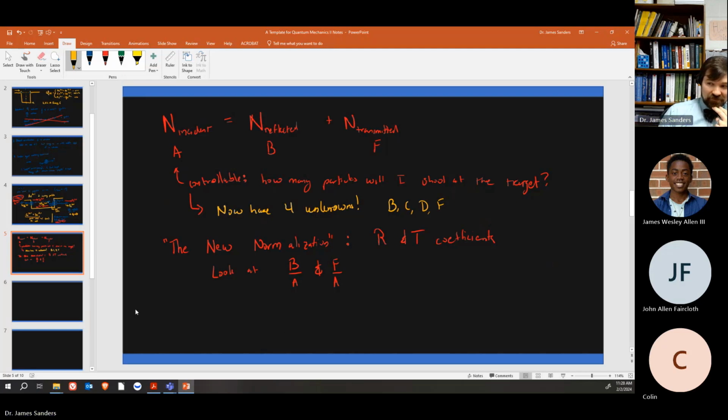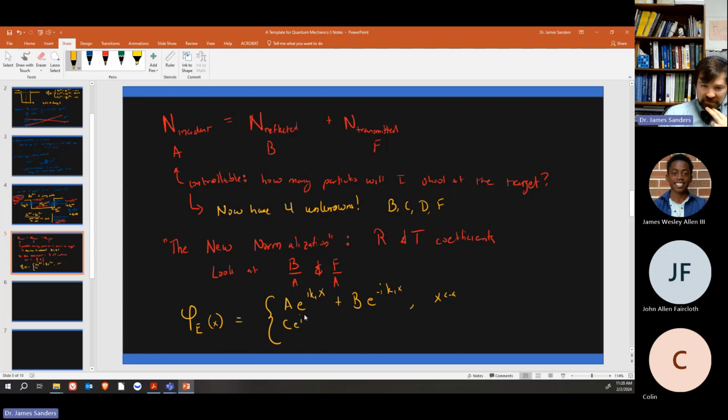Furthermore, taking stock of our equations at this point, that now looks like this. A, which we control, e to the i k1 x, which we kind of control, plus b e to the minus i k1 x for x less than minus a.